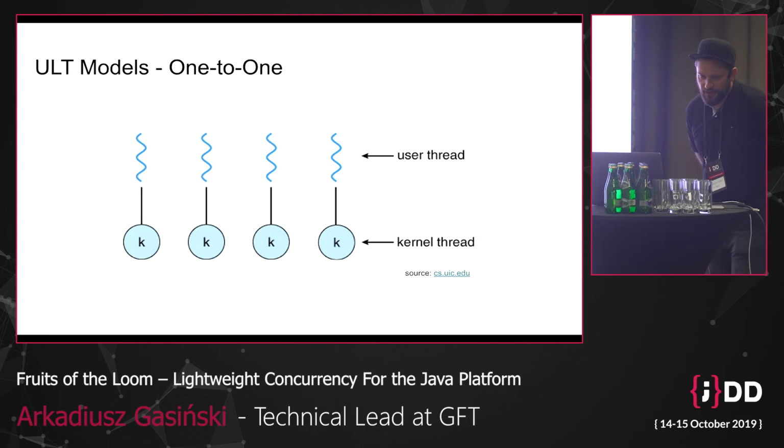But obviously in this implementation, all operations such as thread creation, context switching, and synchronization are slower due to the fact that they need some support from the operating system.